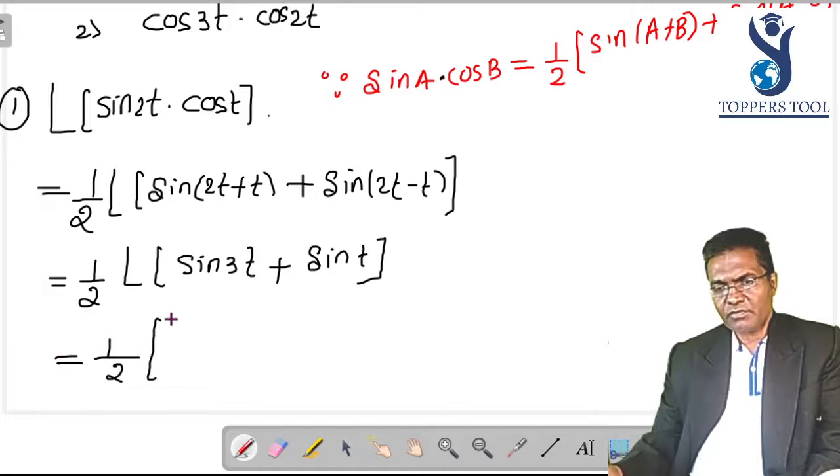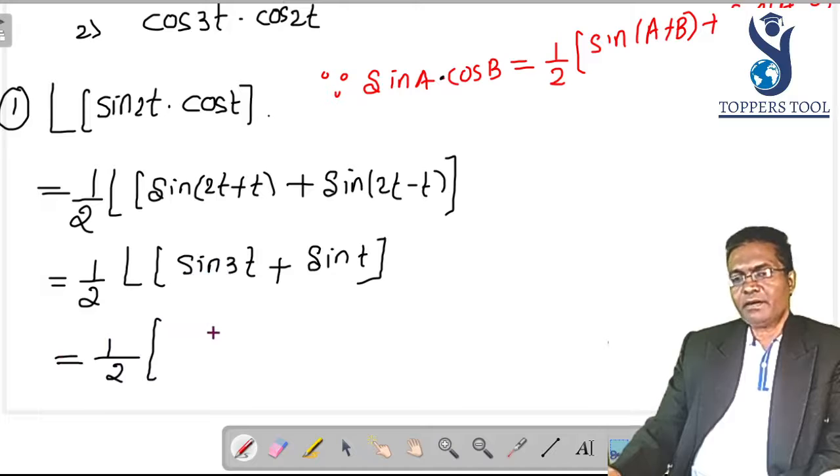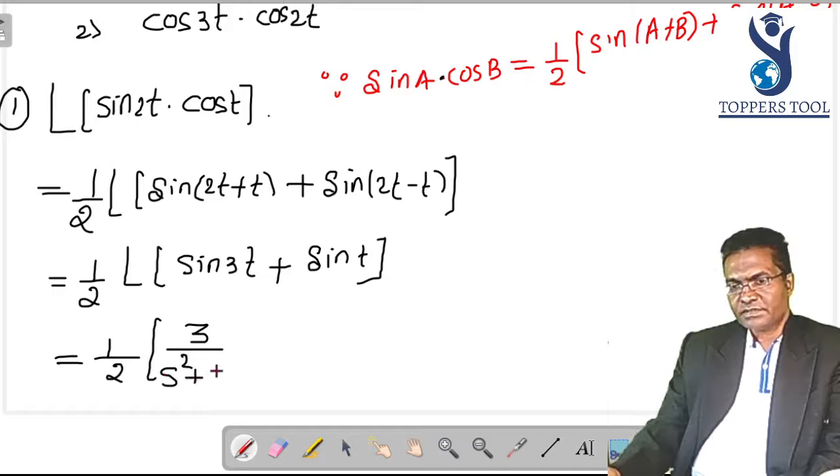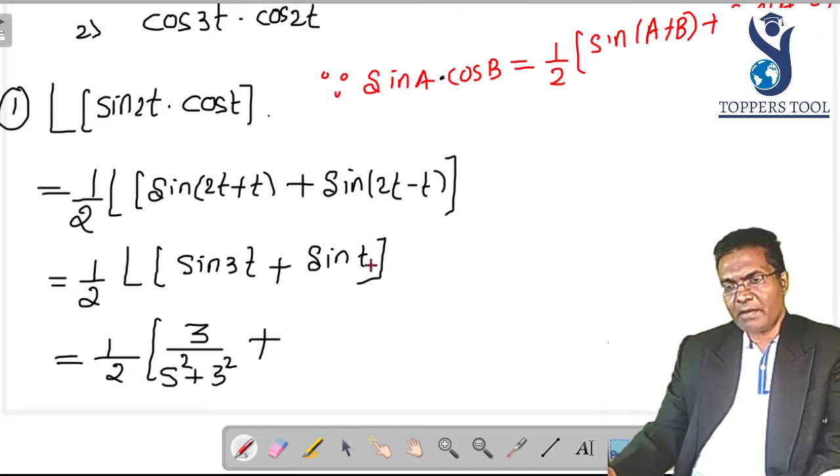And I had given you the Laplace transform of sine at. It is a by s square plus a square. So you can write 3 divided by s square plus 3 square. Similarly, Laplace transform of sine t, here a is 1, so you can write 1 by s square plus 1 square.